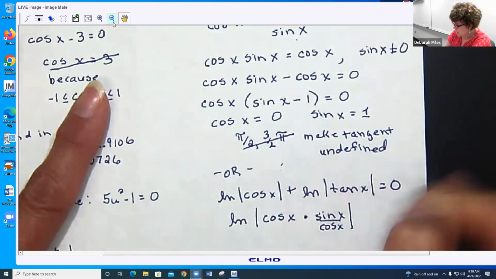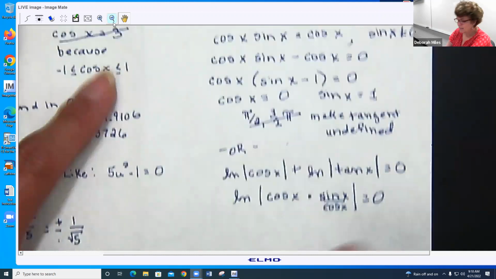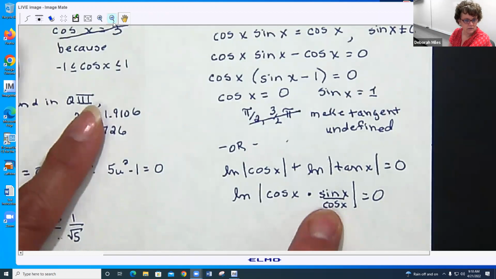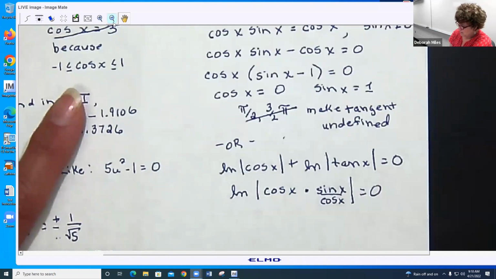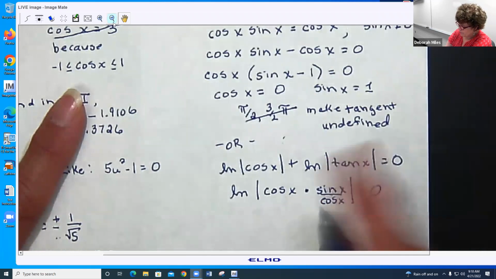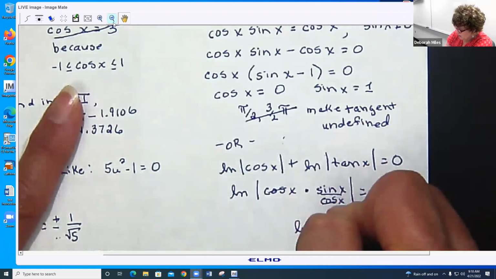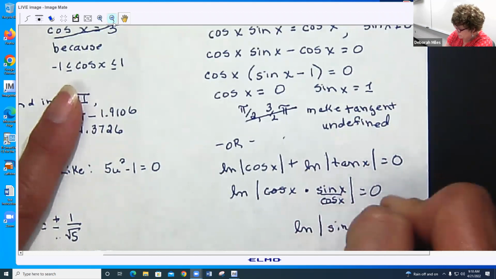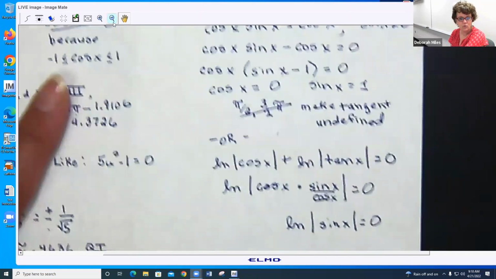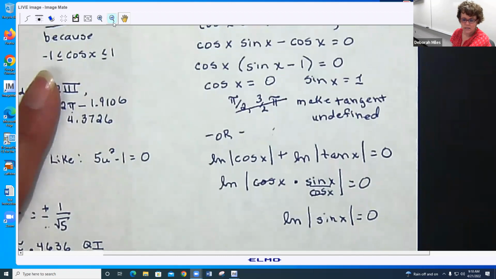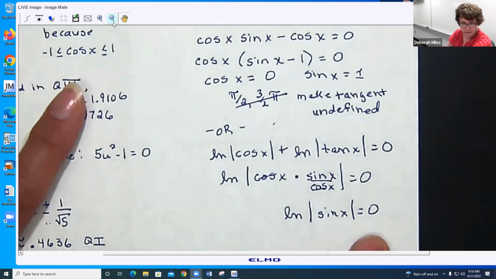Put the sum of 2 logs back as log of a product. When I wrote tangent as sine over cosine, the cosines would cancel and just leave me natural log of absolute value of sine x is 0. And then I could change that to exponential form.